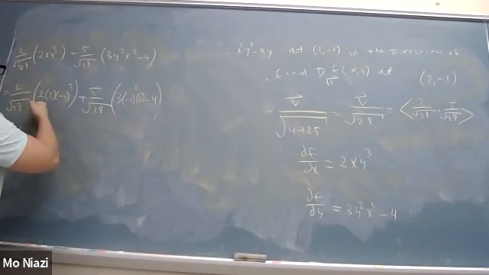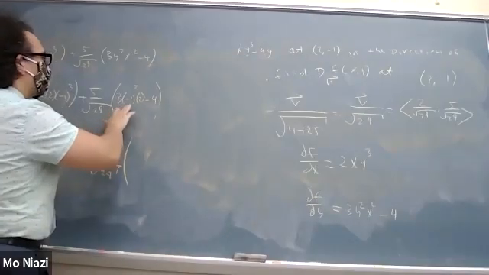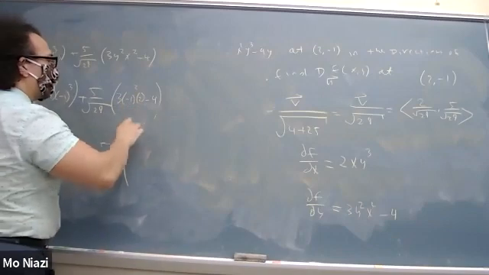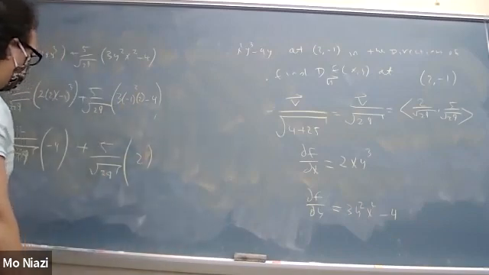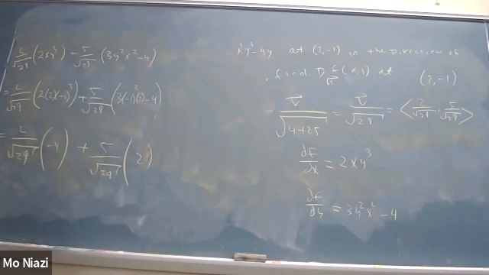Becomes 4, becomes negative 4. This becomes 3, 6 minus 4 becomes a 2. Okay. So then I get negative 8 over square root of 29 and 10 over square root of 29.